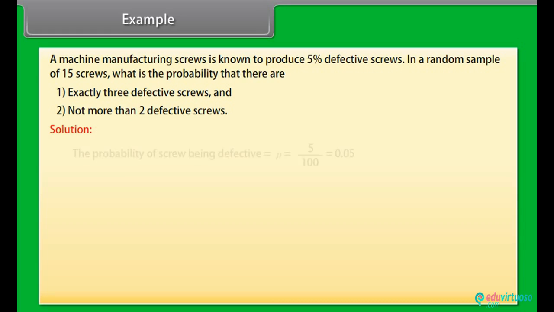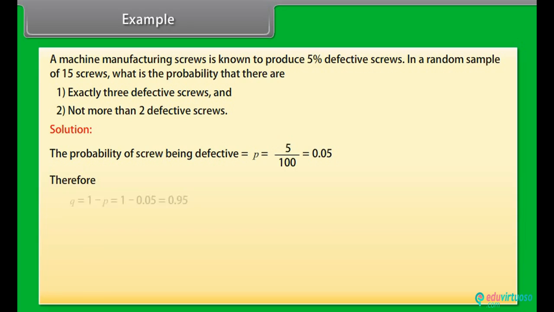Solution. The probability of a screw being defective is P = 5 by 100 = 0.05. Therefore, Q = 1 minus P = 1 minus 0.05 = 0.95. 1.